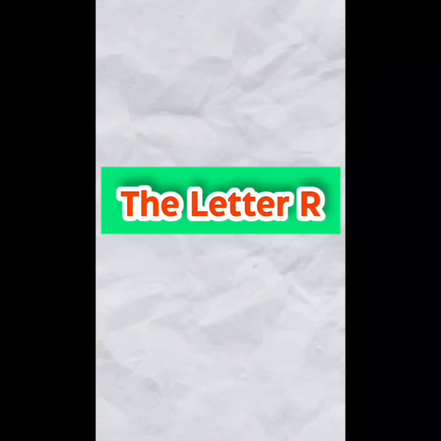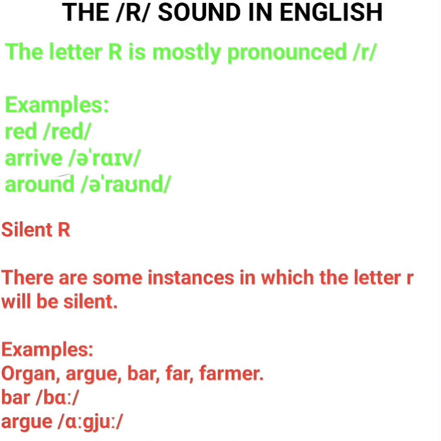Now, we don't need to stress ourselves for R. R is usually pronounced as R whenever we see letter R, except in instances in which R is silent. And when R is silent, most of the time, it is usually used to elongate. Maybe it is found after A, and R is silent, that A will be long. If it is found after O, and that R is silent, it will usually be long.